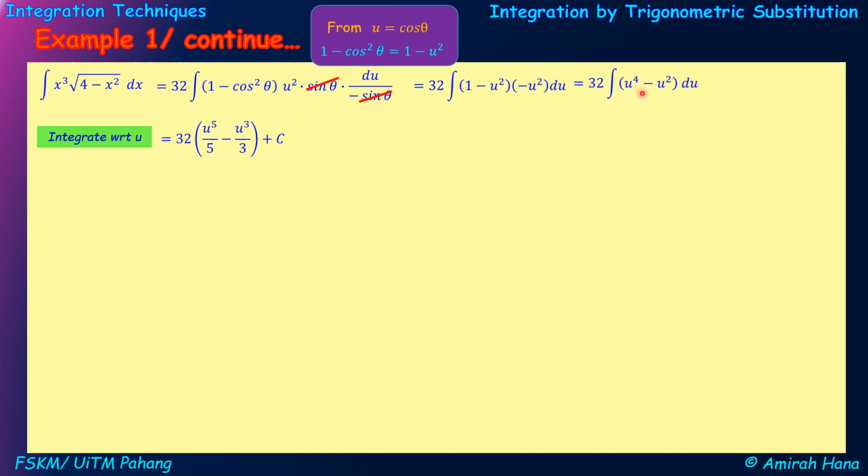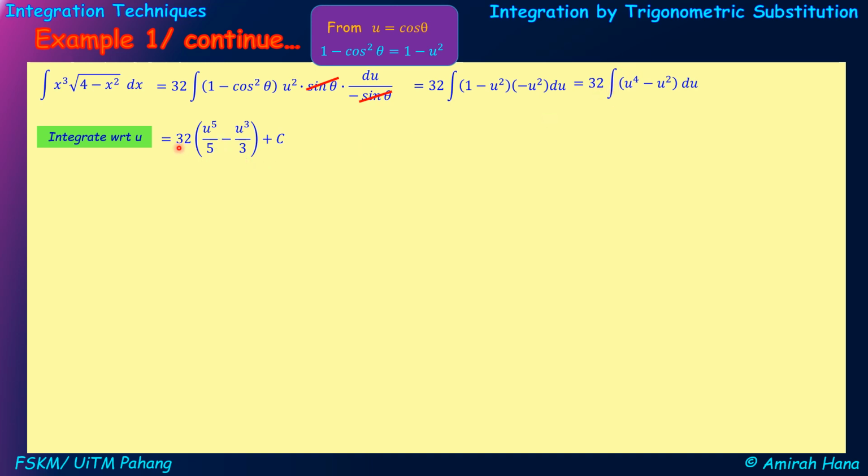And then minus, we integrate u squared using the power rule, which equals u cubed over 3. We use the power rule because n does not equal negative 1. Right? And after we are done integrating, we put plus c for the indefinite integral.